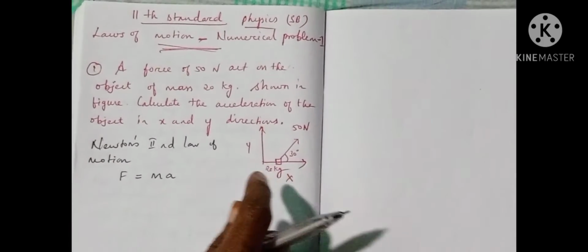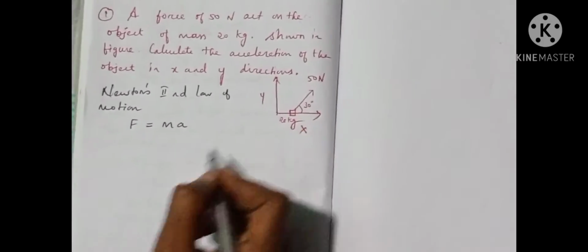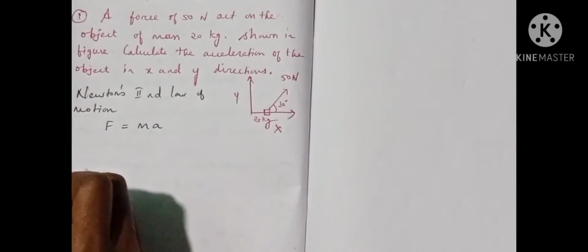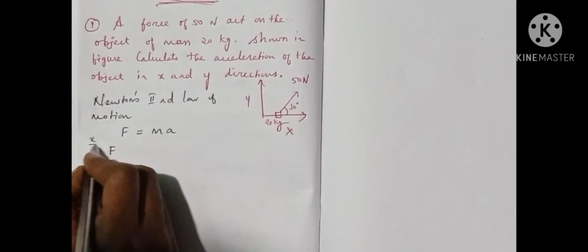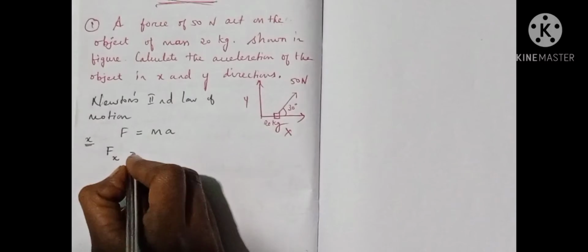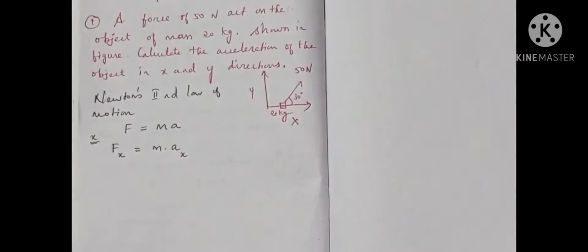Here force is a vector quantity, so it can be resolved into two components, one along x-axis, another along y-axis. So the formula becomes, along x-axis, Fx is equal to mass into acceleration along x-axis.